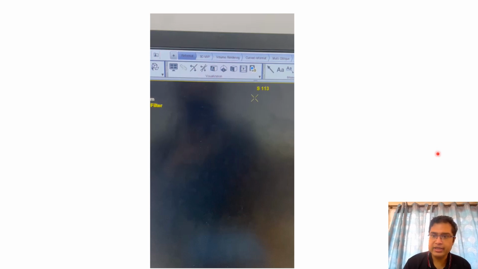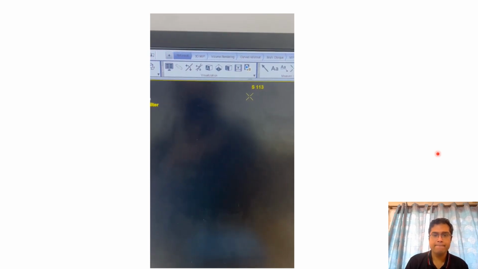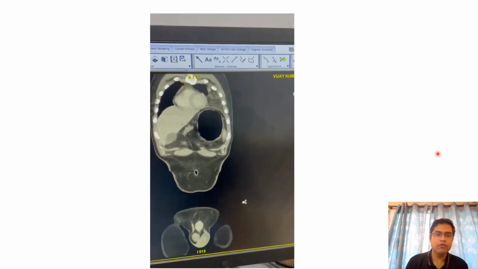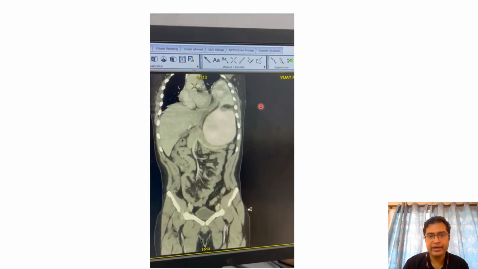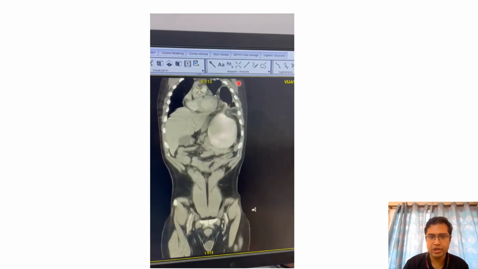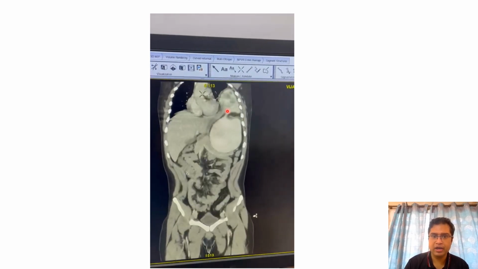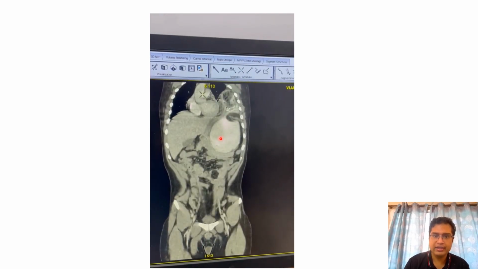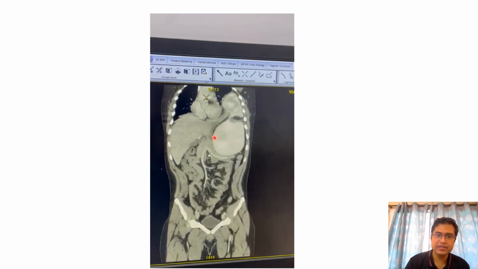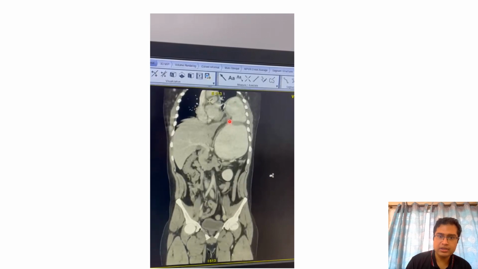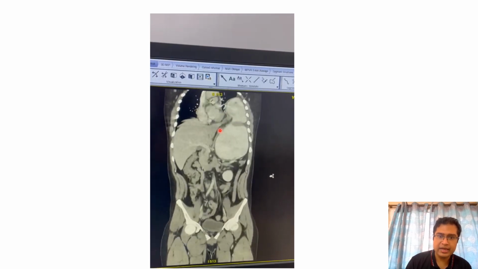So this is another case I wanted to show you. This patient had a history of trauma, and there is traumatic herniation of the contents. This is a rupture of the diaphragm and herniation of the contents, and there is gastric volvulus present. The fundus of the stomach is this, and this is the pylorus of the stomach, and this is the duodenum.